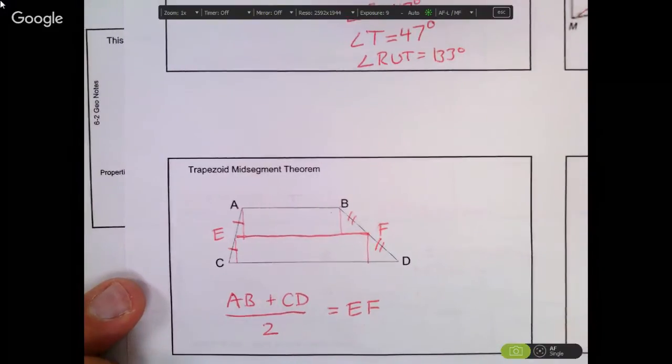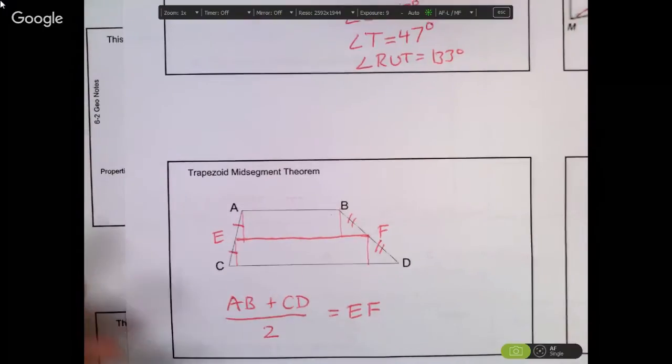Let me ask you this: if I made a mid segment of a triangle, it would still work the same way. I could extend this out. What is the value of the top of the triangle? It's 0, because there's no length, it's just a point. There's no length between the two points.